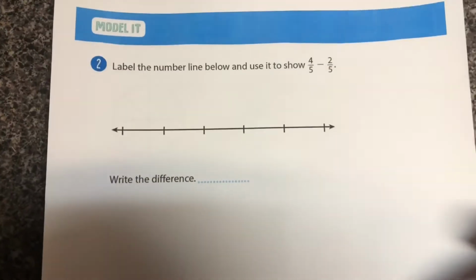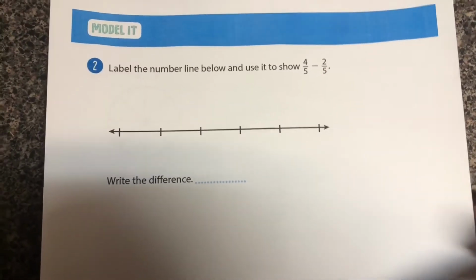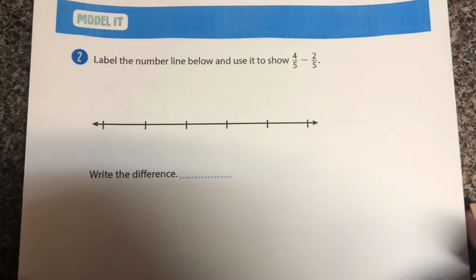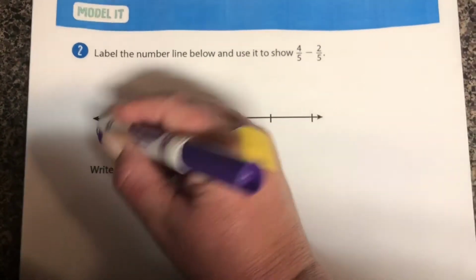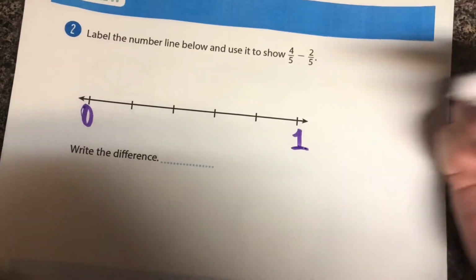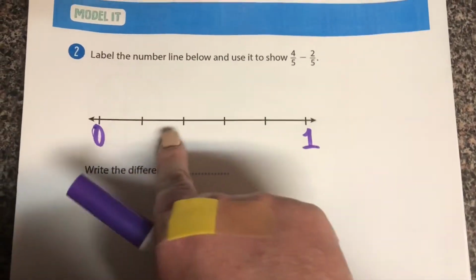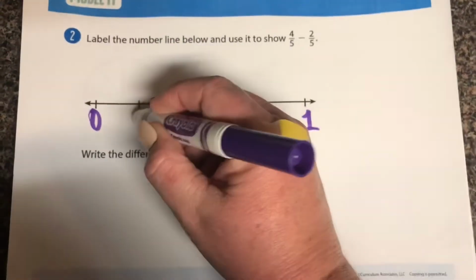Now I'm going to show a problem, again with a blank number line, but this time subtracting fractions. 4/5 minus 2/5. Again, I'm going to start with 0 and 1 whole. And I see that there's 5 equal parts. So I'll label those.